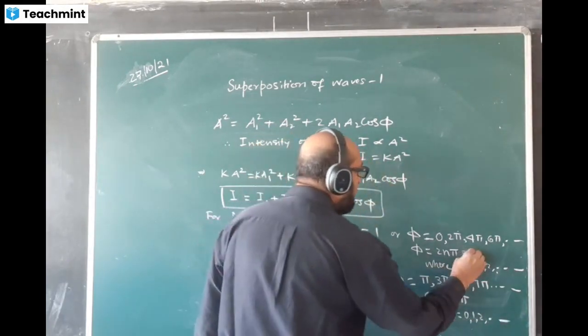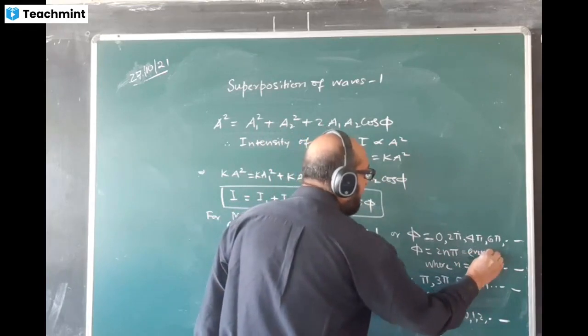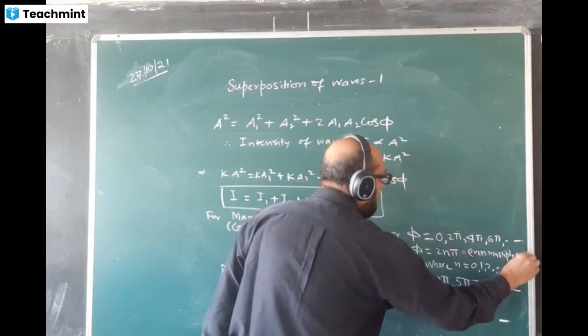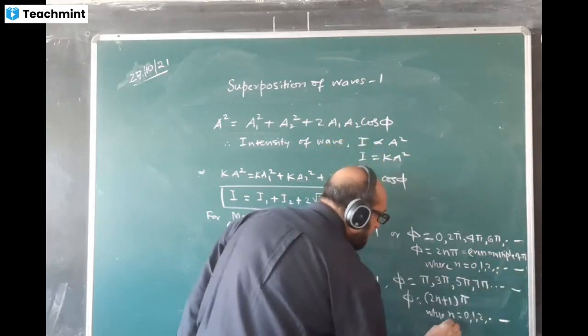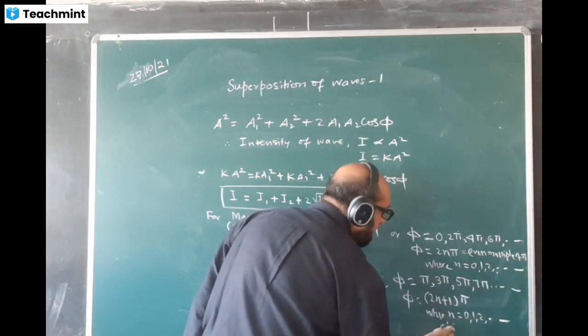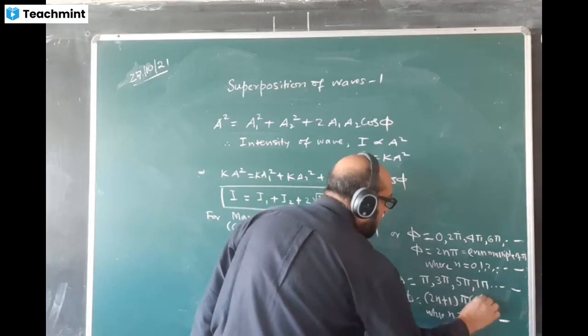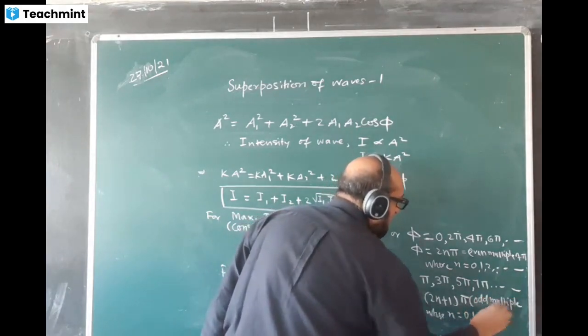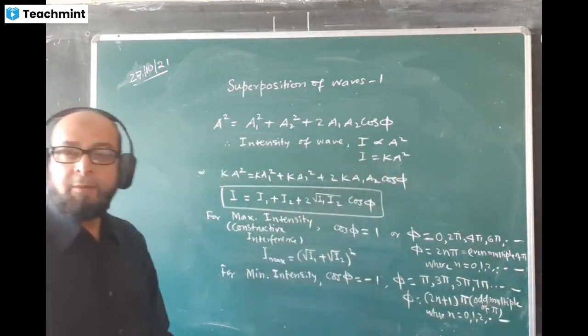That means here you can add even multiple of pi, and here we will write odd multiple of pi.